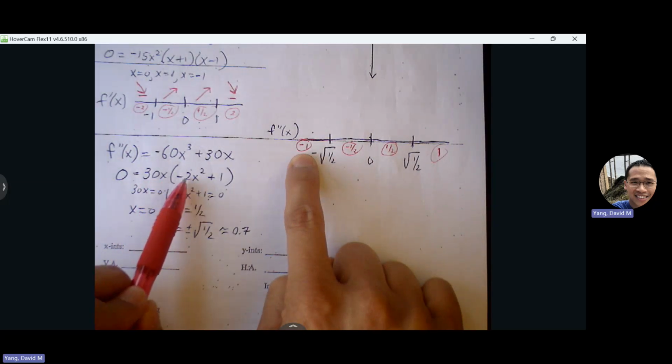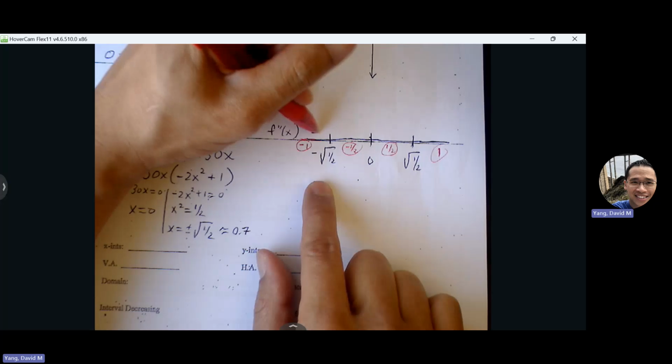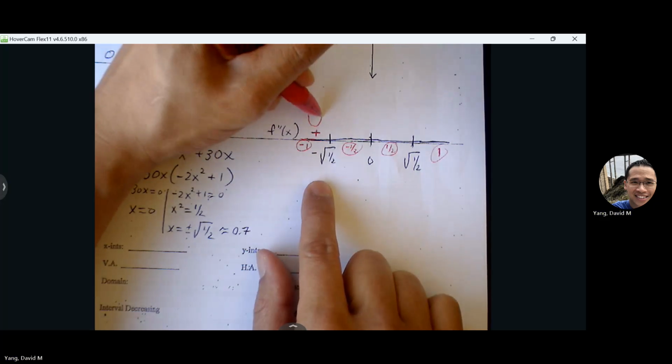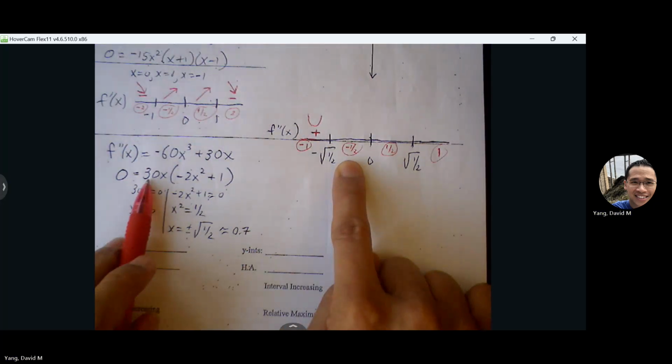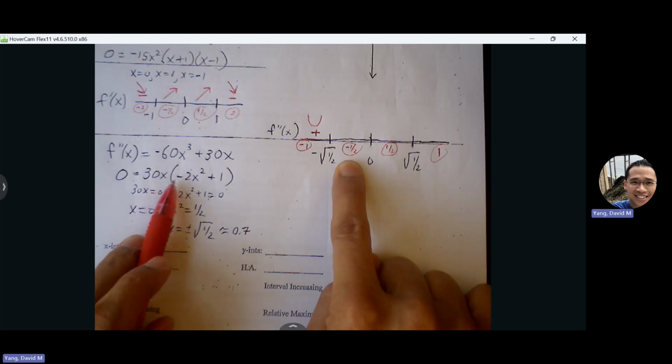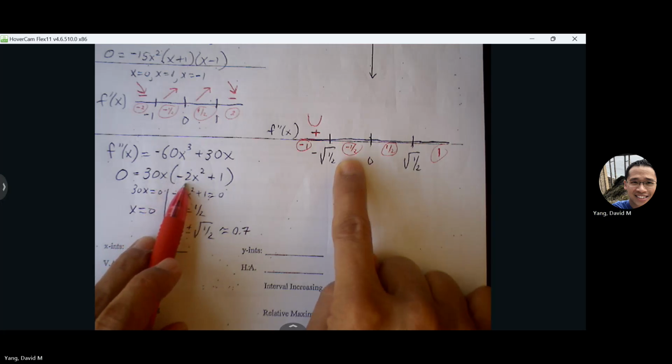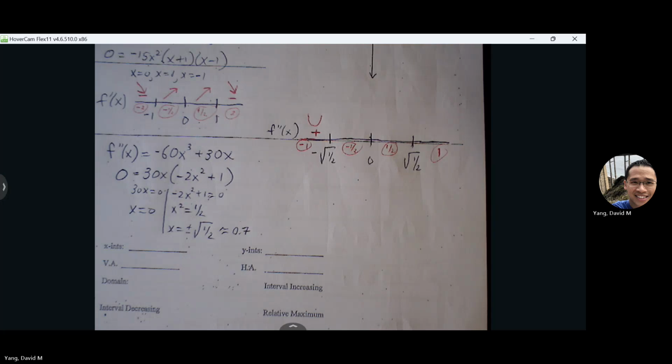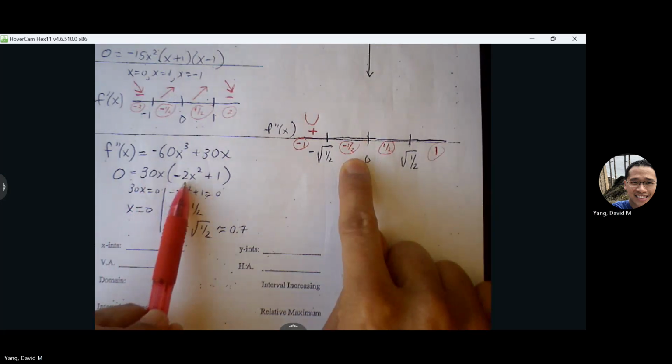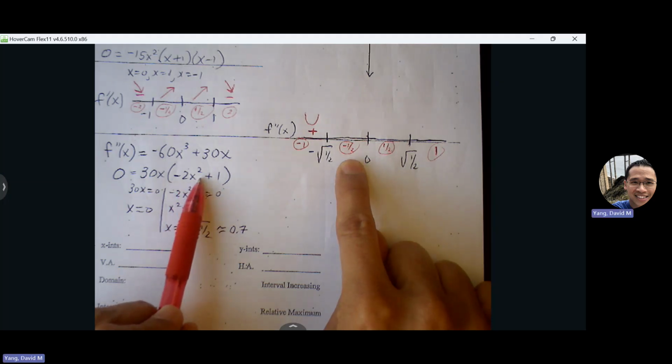Okay, into the second derivative. Positive, negative, negative. So 2 negatives makes positive. Positive second derivative means concave up. Positive, negative, negative. Wait a second. Let's see. Sorry, this is going to be positive here.